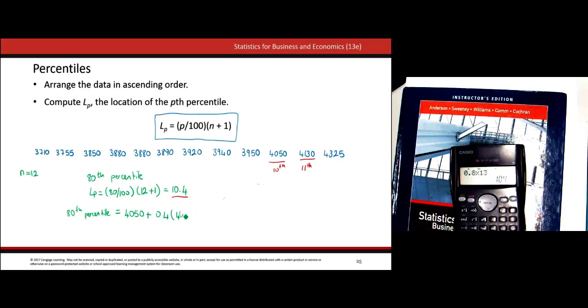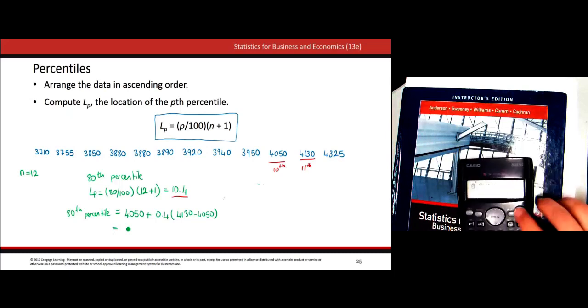So 0.4 times the difference, which is 41.30 minus 40.50, which gives 40.82.